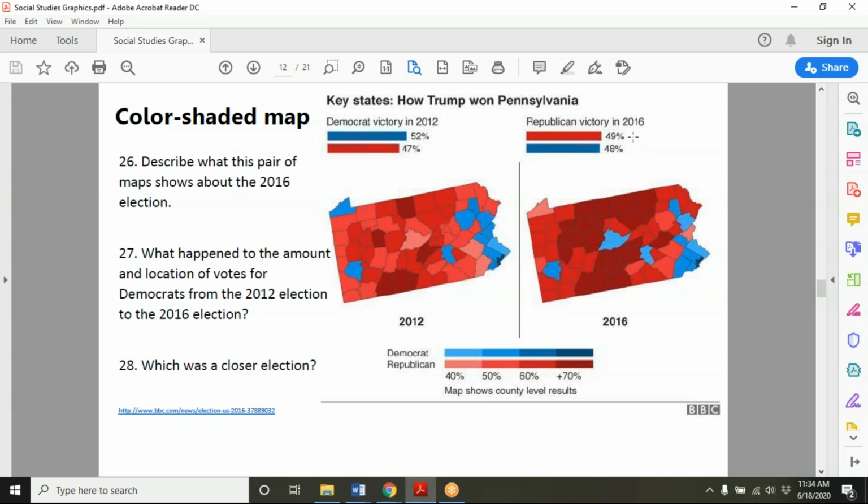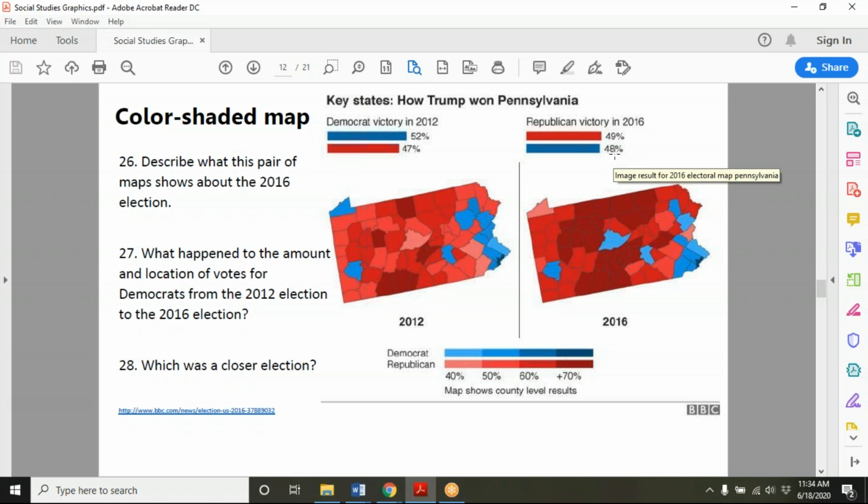In 2016, Donald Trump wins by 49% to 48%. That's close. That's a nail biter. This year they're predicting Pennsylvania is very much going to be a toss-up. It could go either way, and we'll see on election day. It's going to be very, very close again.